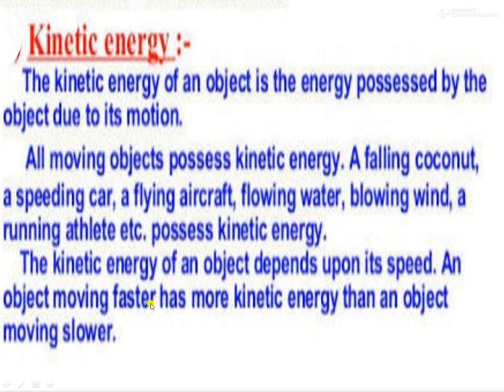An object moving faster has more kinetic energy than an object moving slower. So if an object is moving very fast, and another object is moving slow, the object moving with more velocity will have more kinetic energy than the object with less speed.